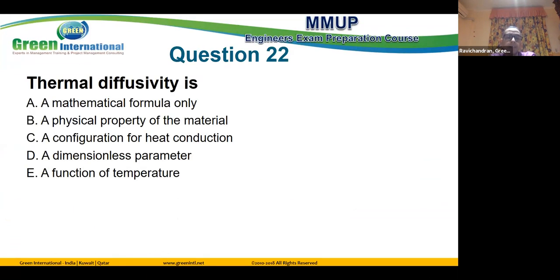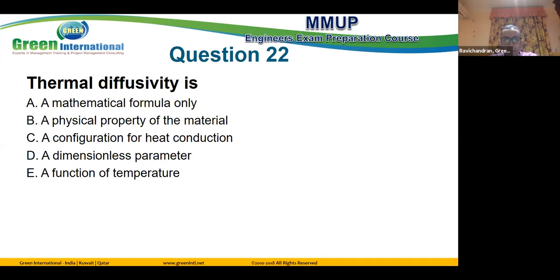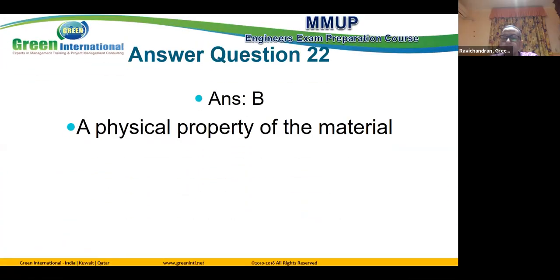Thermal diffusivity is B, which one? Dimensionless? Thermal diffusivity? No, not dimensionless. A, it's a property of the material. So what is this parameter?